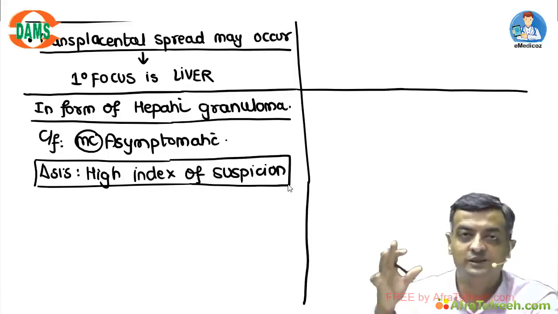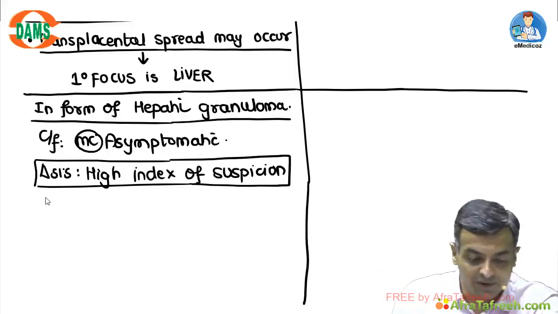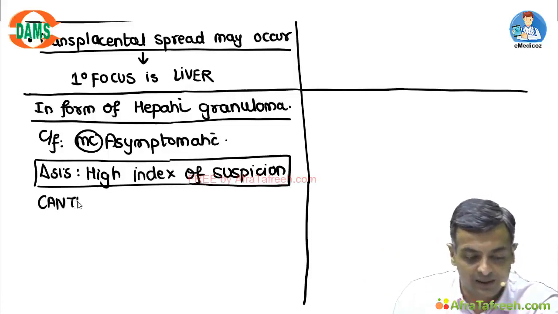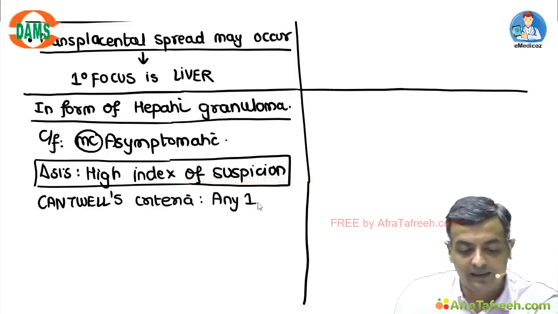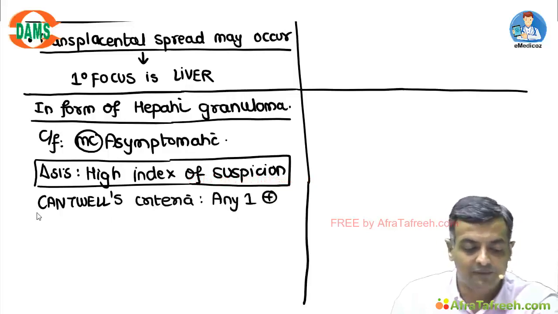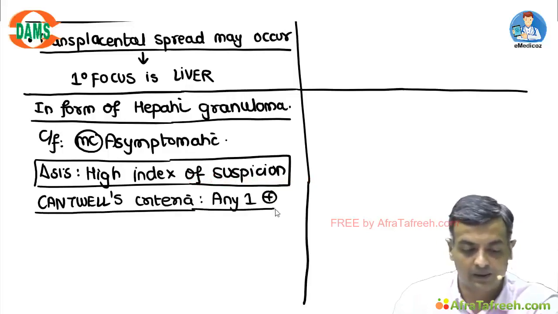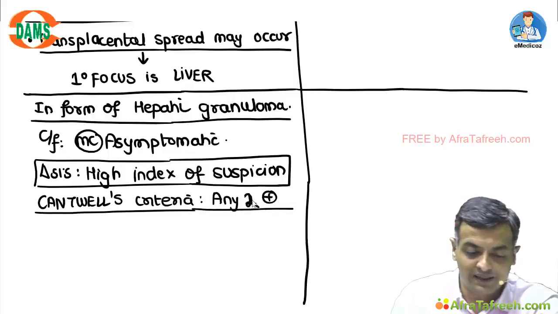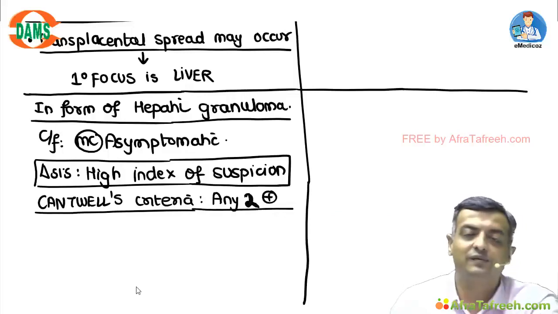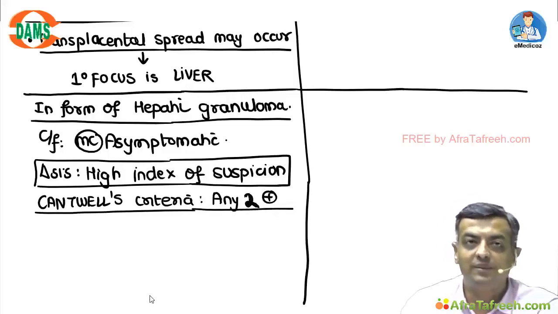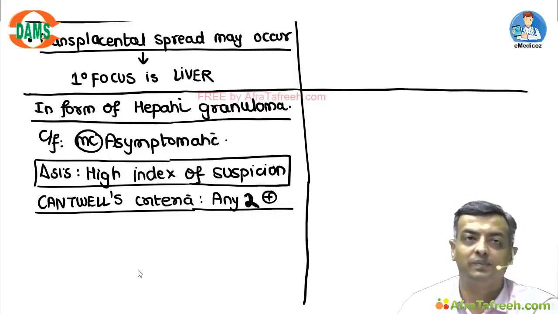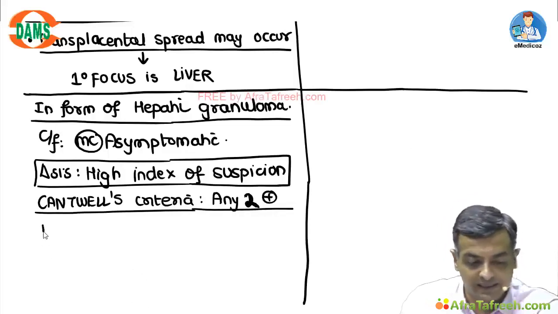So you must suspect the problem, and for diagnosis we need to use Cantwell's criteria. Any two of the criteria need to be present to confirm congenital TB. What do Cantwell's criteria say?